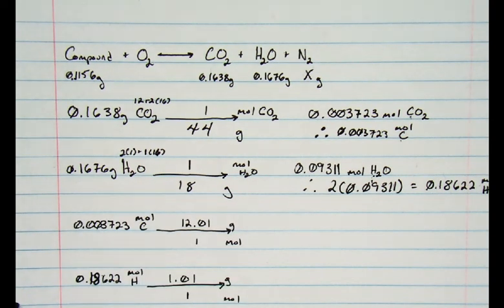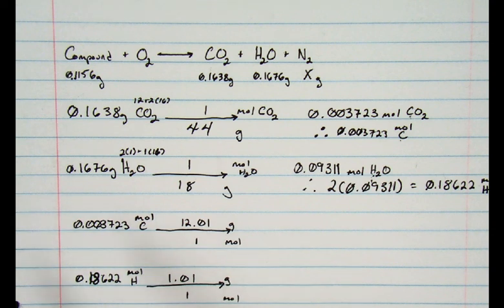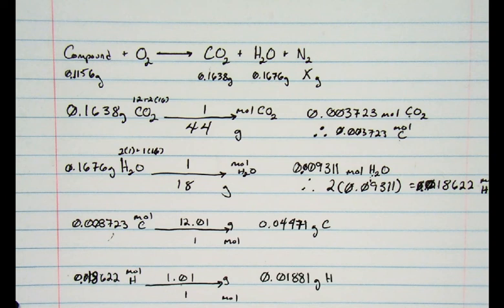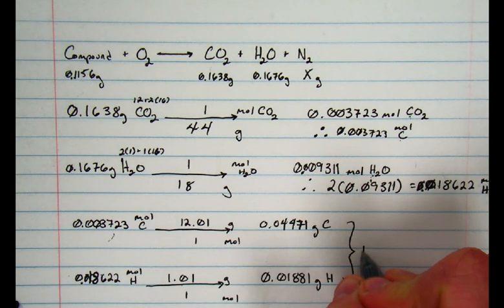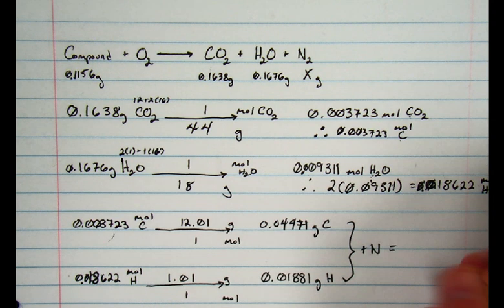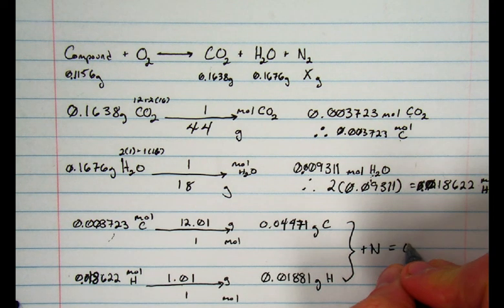So we set up our conversion from moles of carbon back to grams of carbon, and moles of hydrogen back to grams of hydrogen. And when you multiply these out, you end up getting 0.04471 grams of carbon and 0.01881 grams of hydrogen. Now together with nitrogen, they're going to equal the mass of the compound.